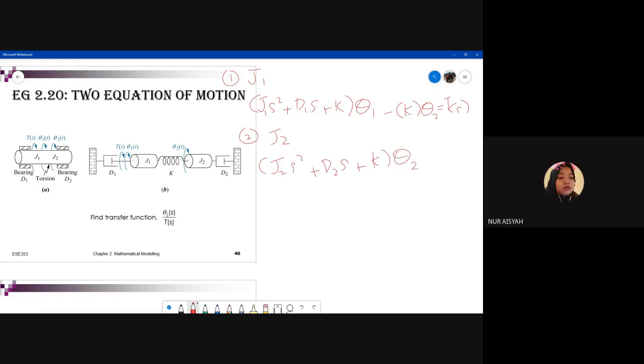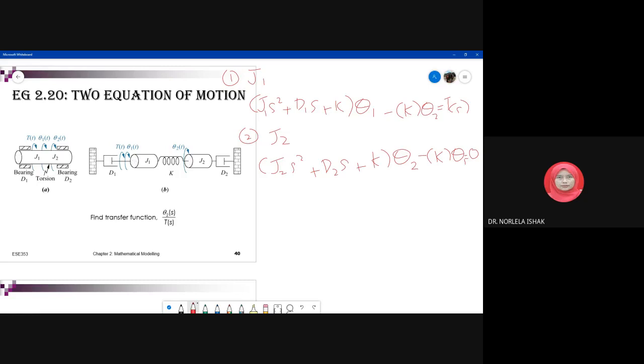Then minus K multiplied with angular displacement number 1. And this equation is equal to 0. Yes, very good.